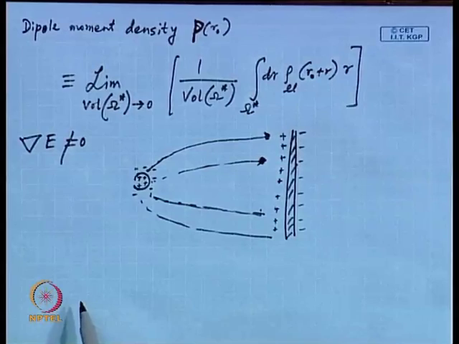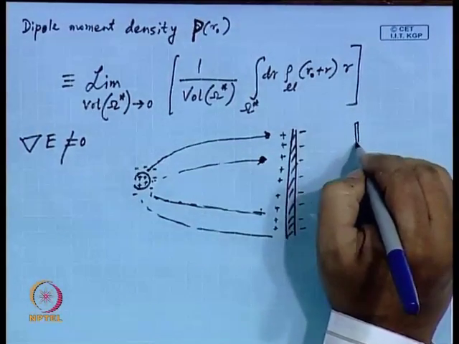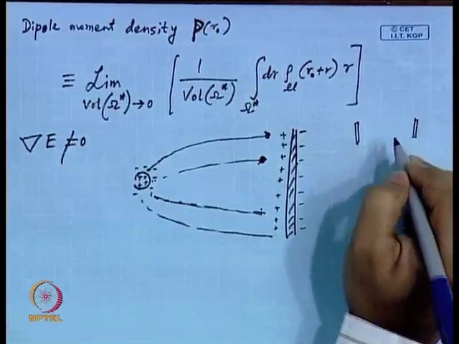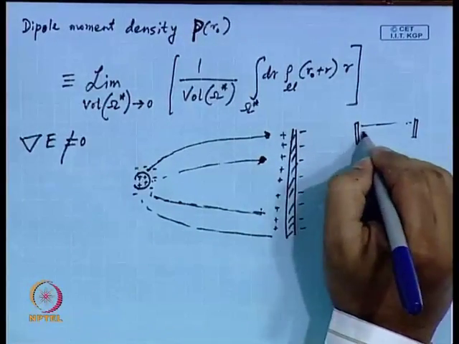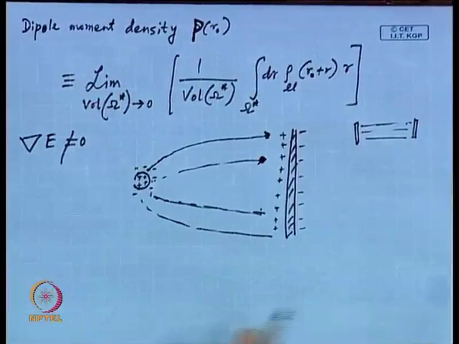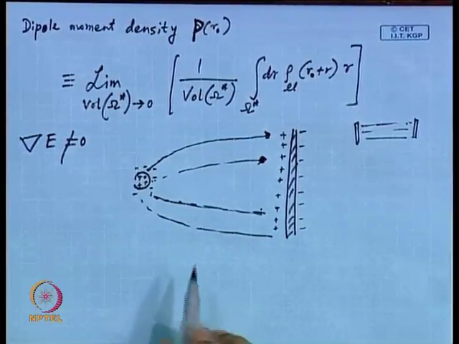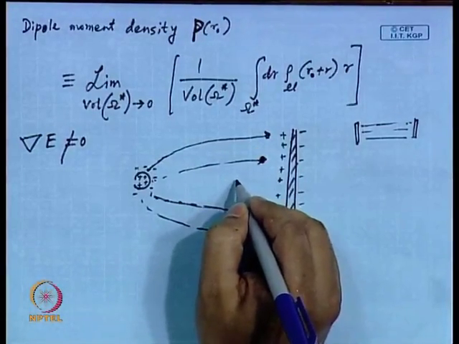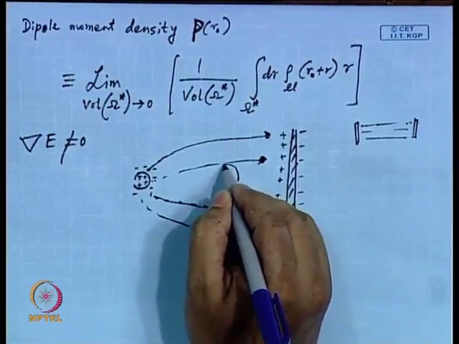What would have been a uniform field is that you have one electrode here and another electrode here, both of the same size, and you have these electric field lines. This is a uniform electric field. Here you have a non-uniform electric field. Now, suppose you have a dielectric sphere present here.